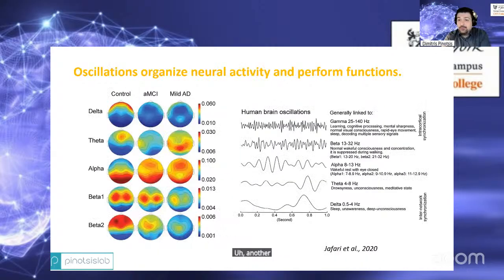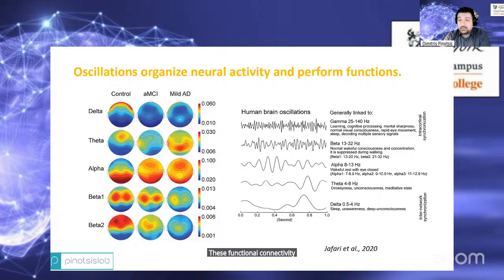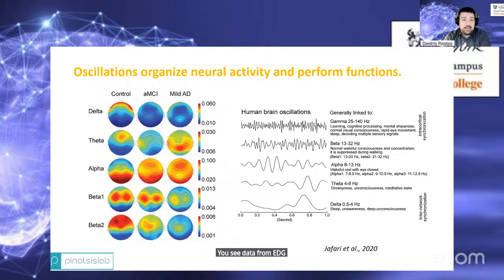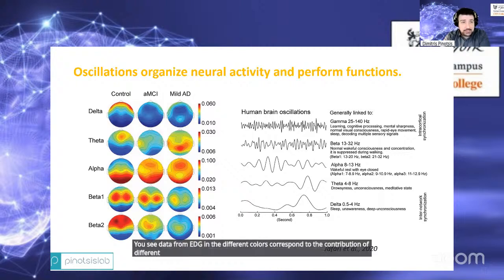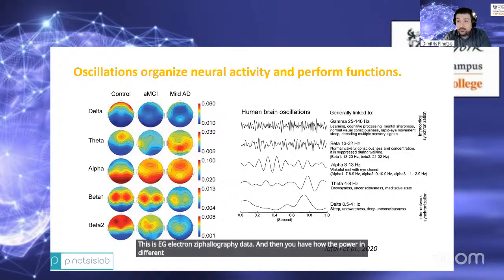Another thing that we know very well, and you've been listening, I guess, throughout this week, is functional connectivity and also oscillatory behavior. On the left-hand side of this slide, you see EEG data, electroencephalography, and the different colors correspond to the contribution of different frequencies, delta, theta, alpha, etc., to the overall electrical activity at each location of the scalp.